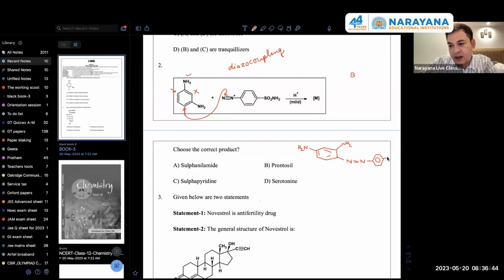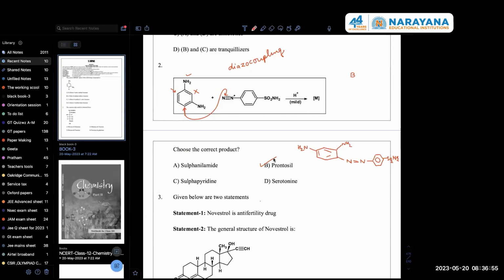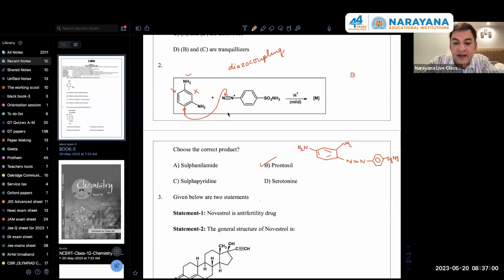And here we get SO2NH2. This compound is prontosil. Everyone remember this compound, prontosil? Yes, sir. So I have used diazo coupling here.